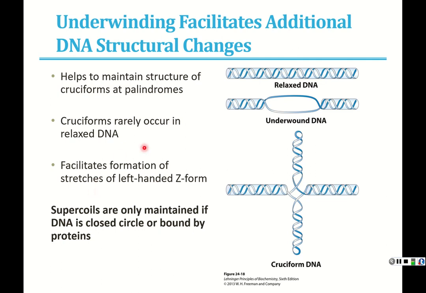It can also help the formation of left-handed Z form of DNA, which we really won't discuss a whole lot in this class. We just kind of assume that all DNA is in the B form, but in reality there are some regions that are in a left-handed Z form. Okay. These supercoils are only maintained if DNA is a closed circle or bound by proteins. So that's another important reason why the eukaryotic chromosomes are bound with proteins.